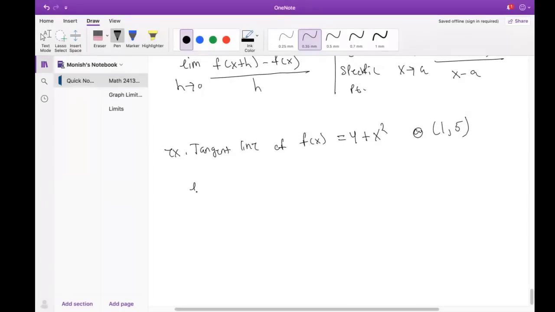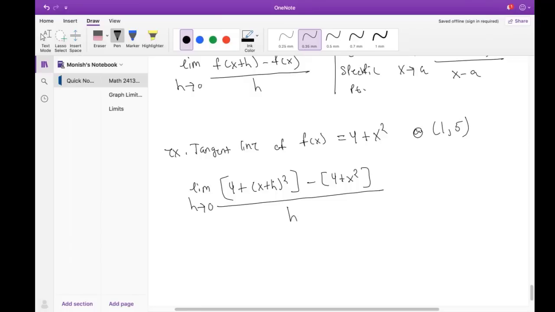So we'll have the limit as h approaches 0. And so for f of x plus h, we'll have 4 plus x plus h squared minus 4 plus x squared, all over h.